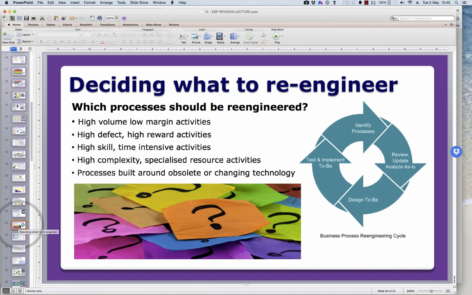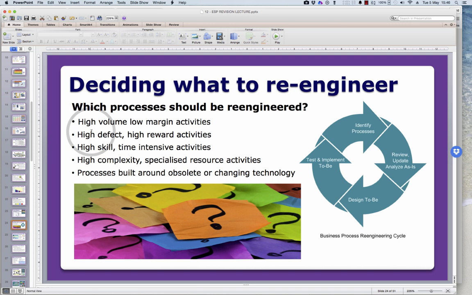You need to decide what to re-engineer. So which processes should be re-engineered first? And one of the first ones is a product or a process that has high volumes of products and low margins. So if you can re-engineer that so that you can make more profit, even slightly more profit, because it's high volume, it will make a big difference.